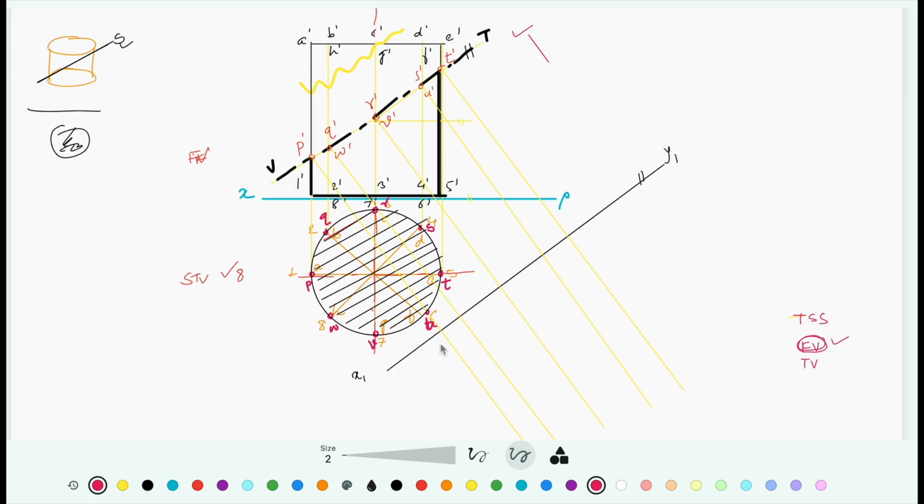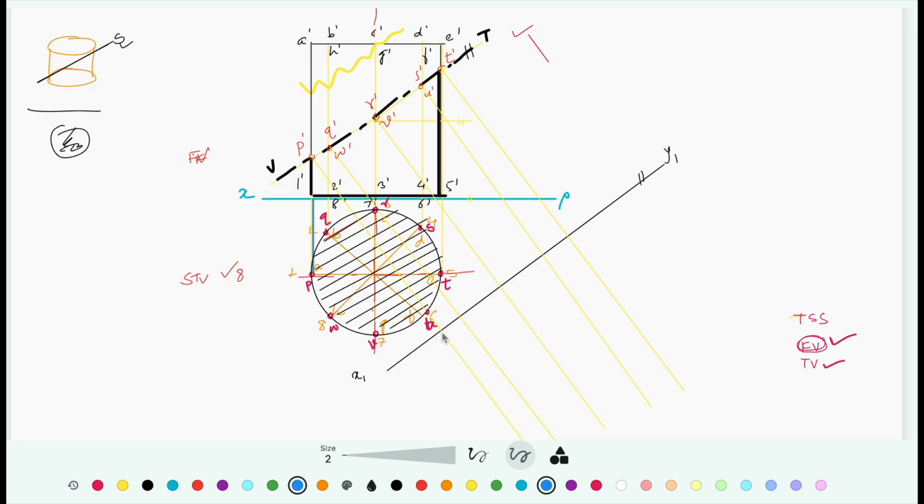Now I am going to draw the true shape of section. So as I mentioned, we have already utilized front view and now we are going to refer to the top view. Let's say I am going to locate the point P. Take distance of point P from the XY line in a compass.